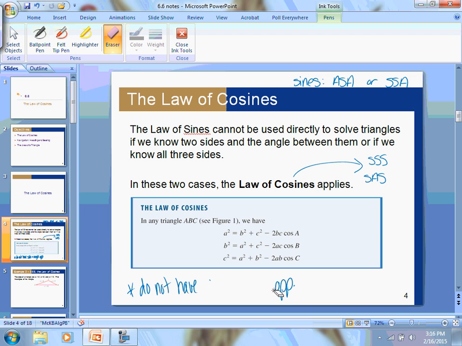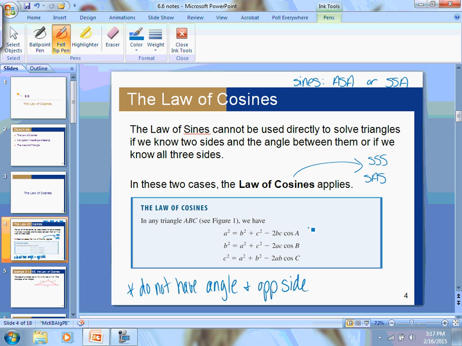Let's say that when you don't have an angle and an opposite side, I guess that's how we've been phrasing it. There we go. So if you do not have an angle and then a side that's directly across from it, you can't set up law of sines because that's the key factor that you need for law of sines. So when you don't have that, then you use the law of cosines.